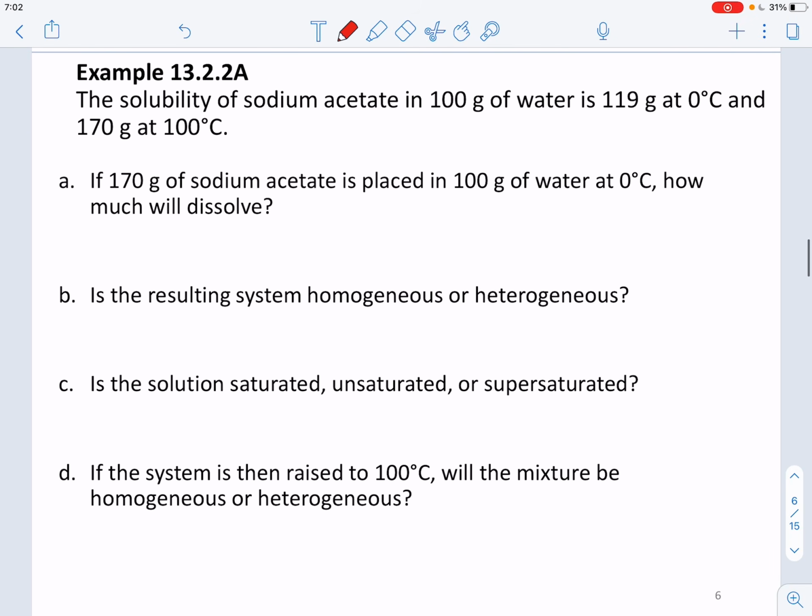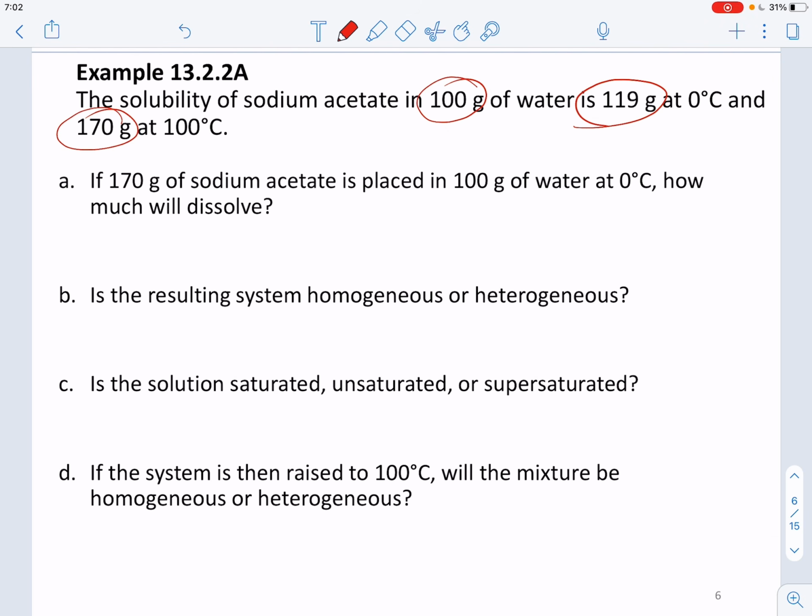So in this case now, we don't have the solubility curves, the figure, but we have the data on solubility. Per 100 grams of water, sodium acetate, it doesn't really matter which one it is as long as you have the data. You can dissolve 119 grams at 0 Celsius and you can dissolve 170 at 100 Celsius.